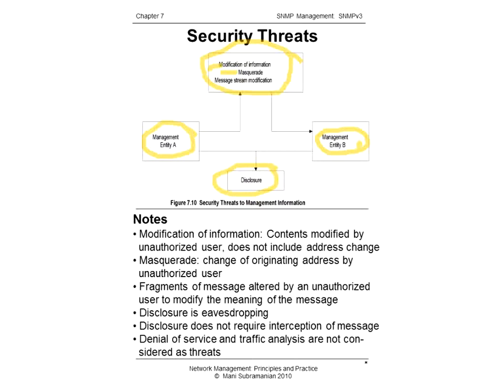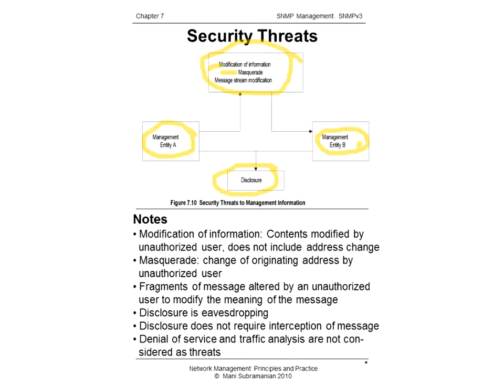SNMP communication uses a connectionless transport protocol such as UDP. This means that the message could be fragmented into packets, with each packet taking a different path. So the packets could arrive at the destination out of sequence and have to be reordered. The threat here is that the intruder can manipulate the message stream, that is message stream modification, and maliciously reorder the data packets to change the meaning of the message.